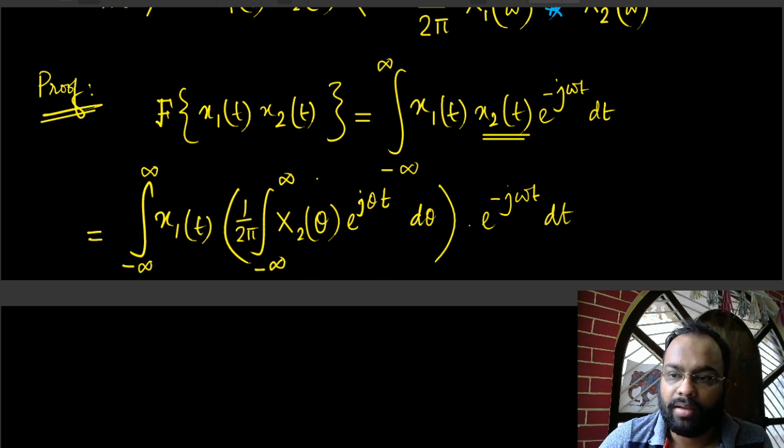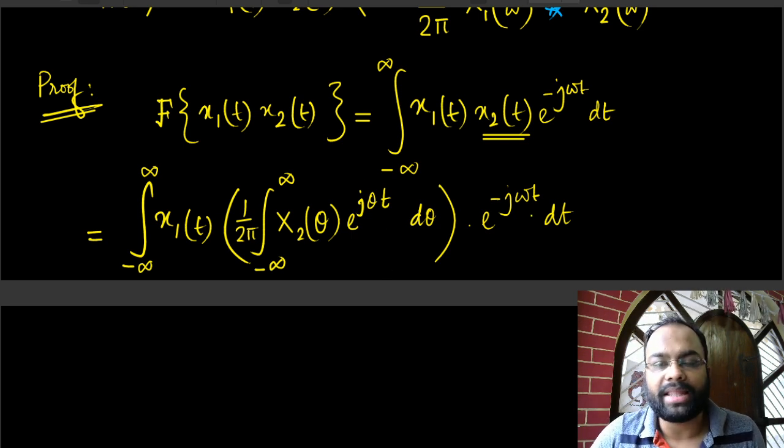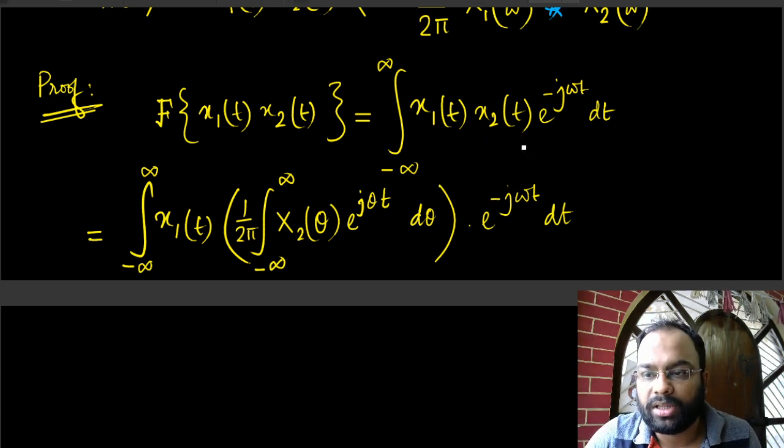In any other sense, this should not interfere with this integration in any way. But if we did write omega, then this would have interfered with this integration, because this has a quantity that associates omega with it, right? That is why we're not writing omega, because we have the freedom of choosing whatever variable we want here, since that's just a dummy variable for the integration. After doing the integration, the result will be in terms of t, not in terms of omega, not in terms of theta, not in terms of any of these, right?